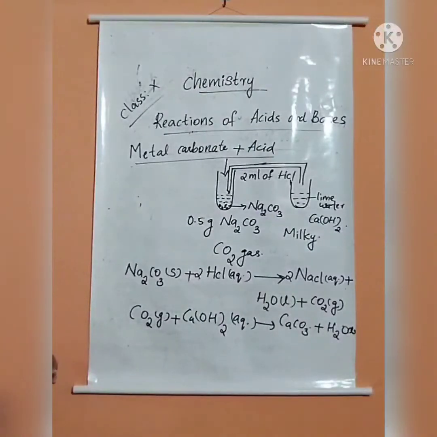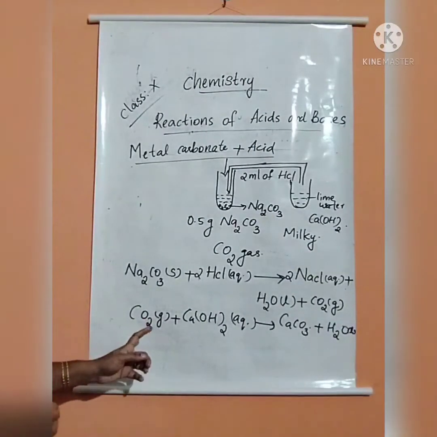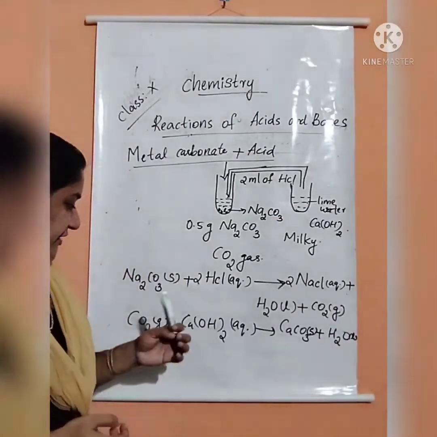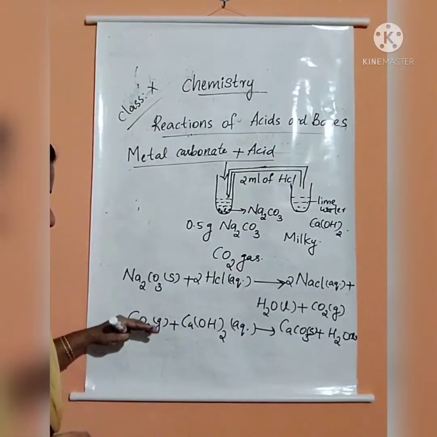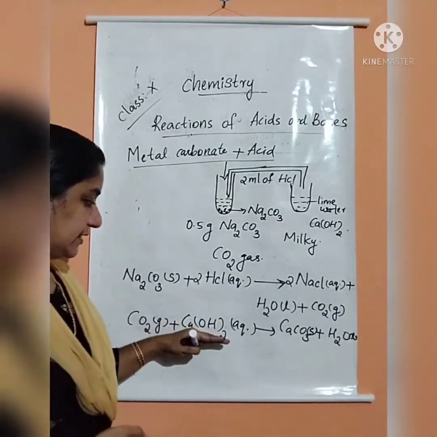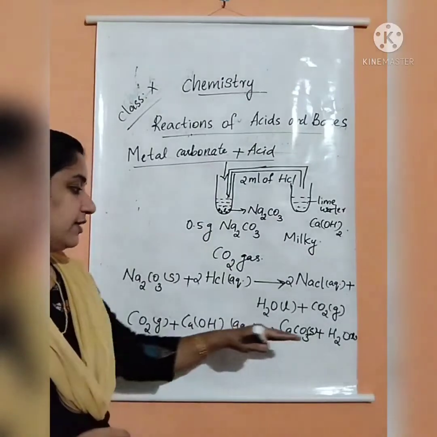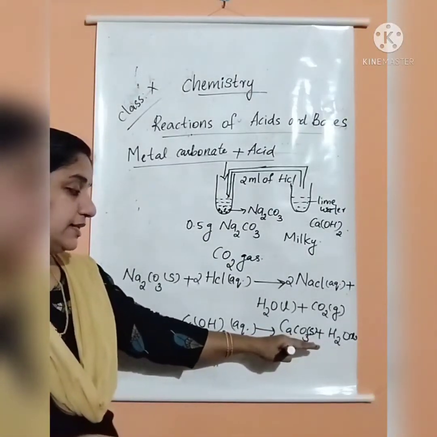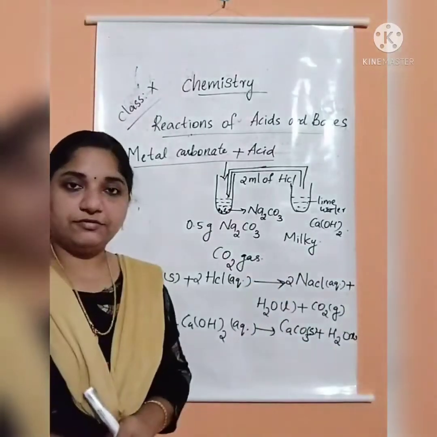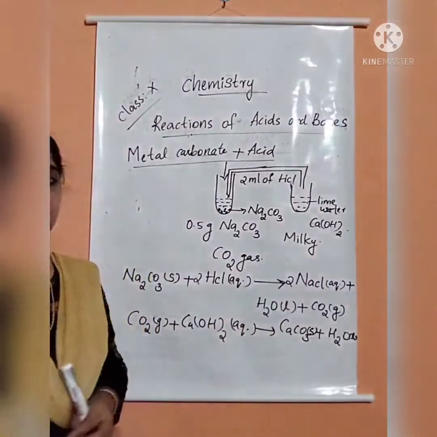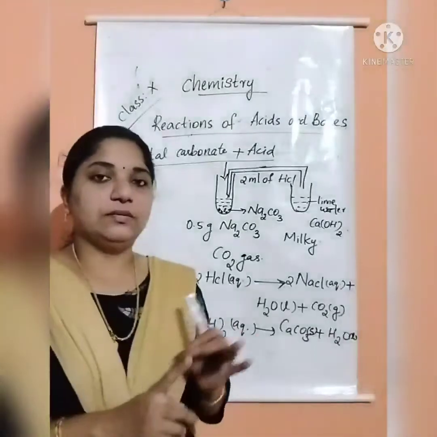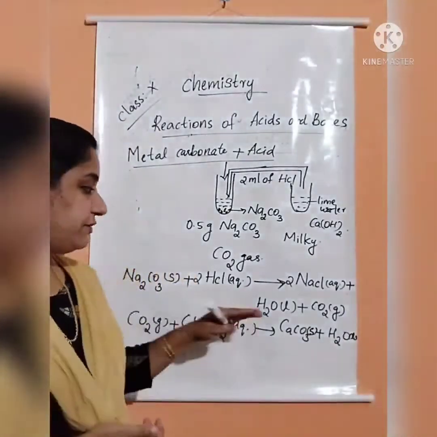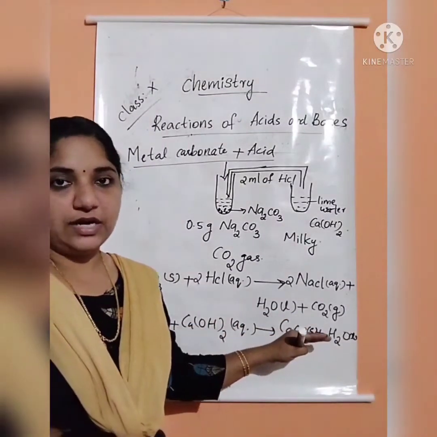CaCO3 plus H2O. Children, here we can see that when we pass carbon dioxide gas through calcium hydroxide or lime water, calcium carbonate and water are formed. Calcium carbonate, limestone, chalk, marble are different forms of calcium carbonate.